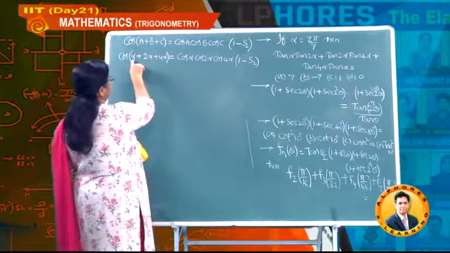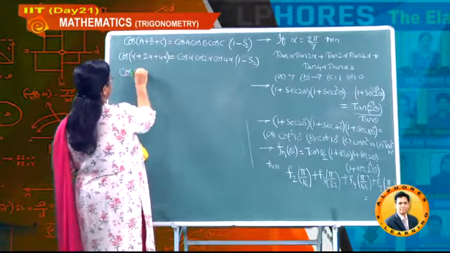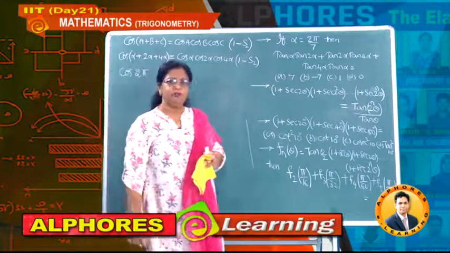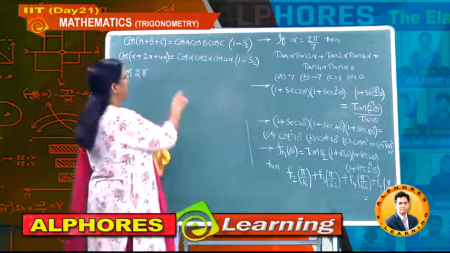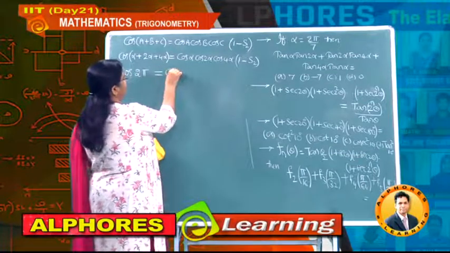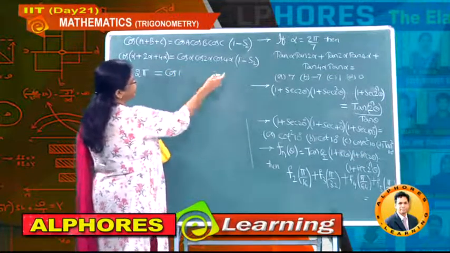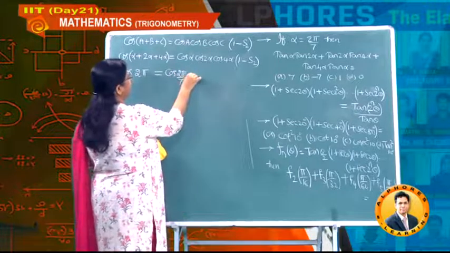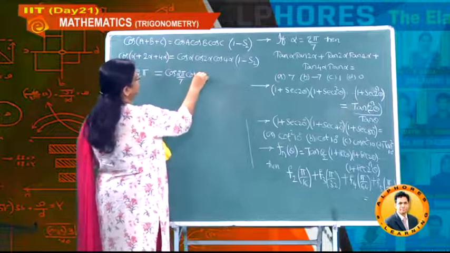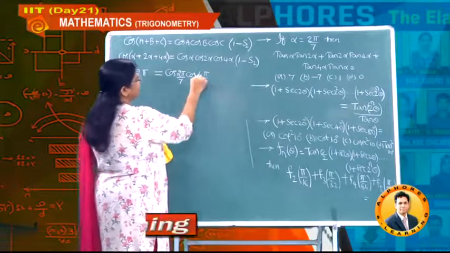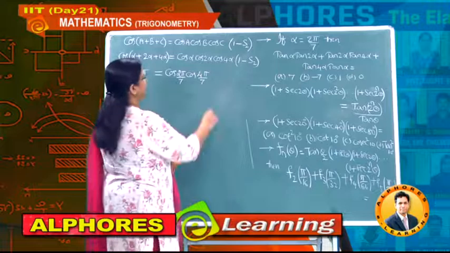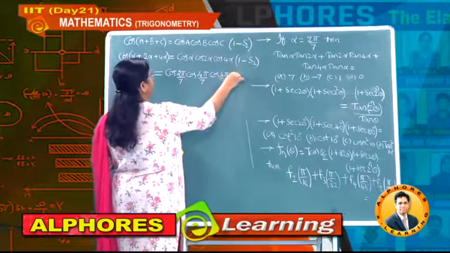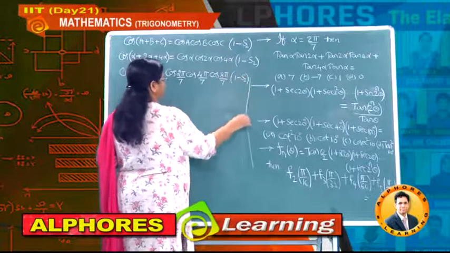If I substitute, it is cos 2 pi, and you know cos of an even multiple of pi is plus 1. Then what about this side? Cos alpha means cos 2 pi by 7, right, and the next value 2 alpha means cos 4 pi by 7, and the next value 4 alpha means cos 8 pi by 7, got it, and into 1 minus S2.